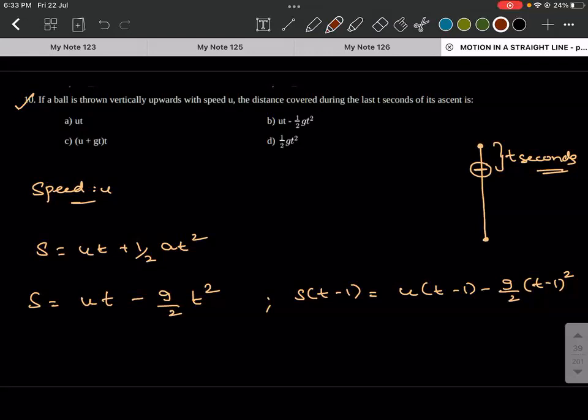Apply the formula v is equal to u plus at. You will get u minus gt. But the t you don't know what it is. Okay, I got an idea. Wait.